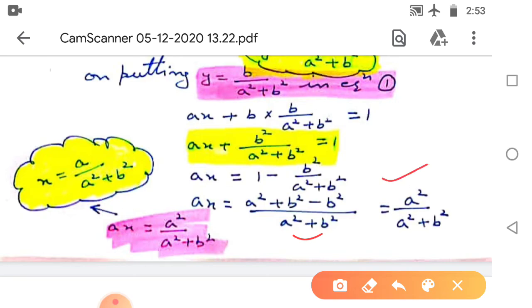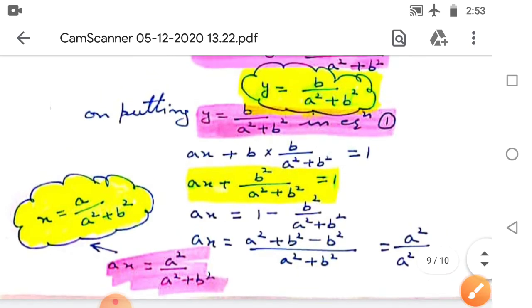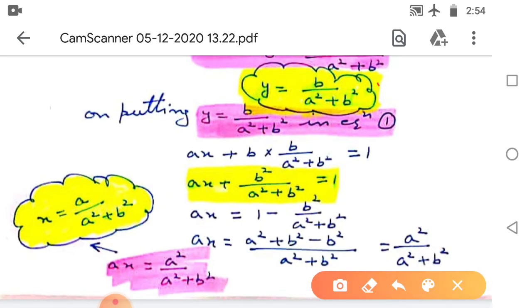Finally we get ax = a² upon (a² + b²), so this a cancels with this a, and the value of x is a upon (a² + b²). So in this question the value of y is b upon (a² + b²), and the value of x is a upon (a² + b²).